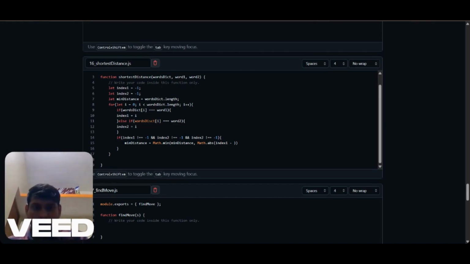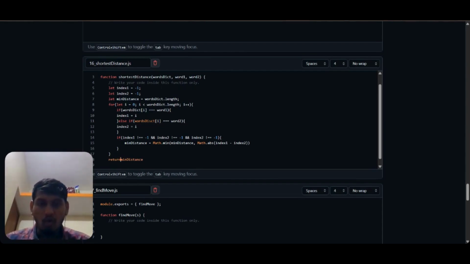That's it, we return the minimum distance. This is the solution. For this, the time complexity is O(n) and the space complexity is O(1).